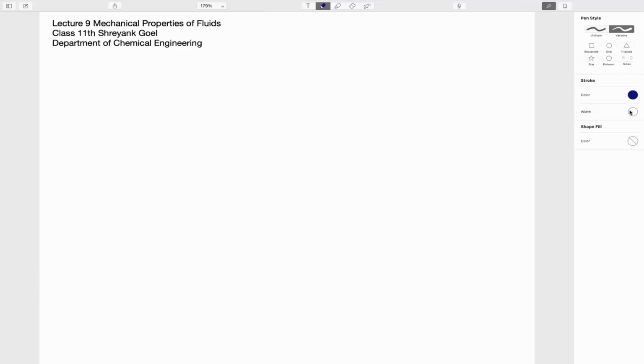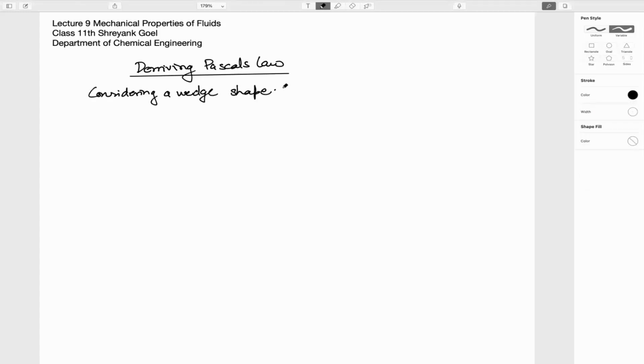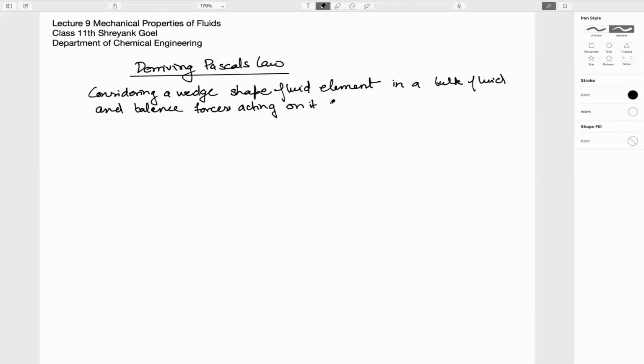To derive Pascal's law, we are considering a wedge shape fluid element inside a bulk fluid and balance of forces acting on it in 3 dimensions.